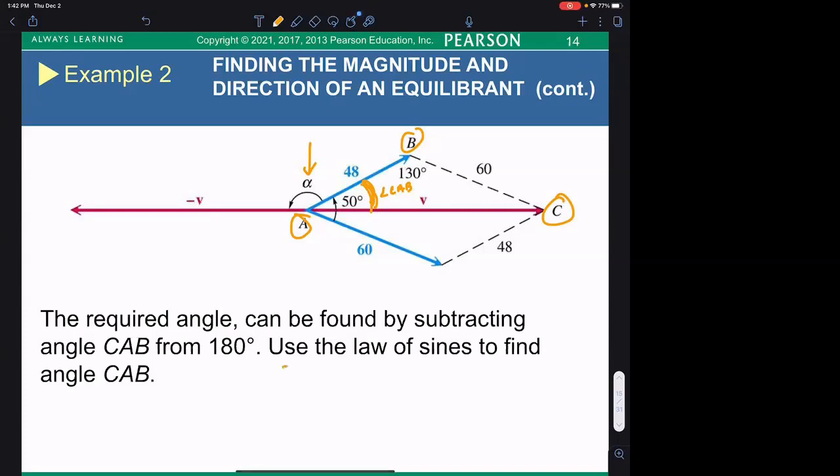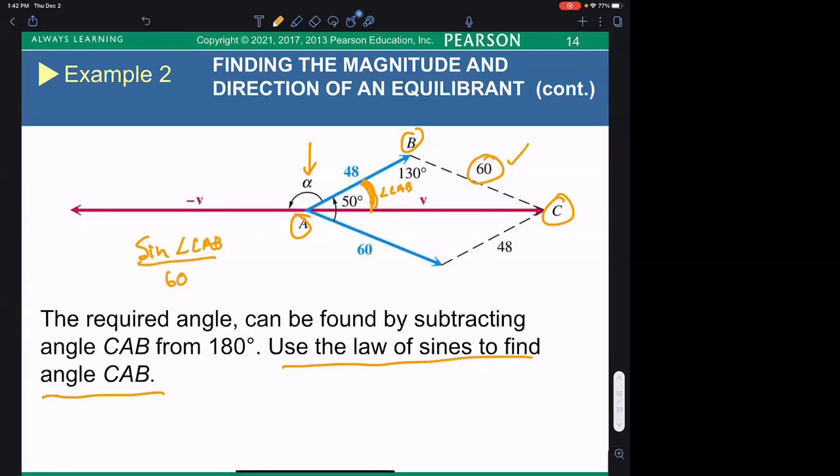And then it says use the law of sines to find this angle that we need, CAB. So to find that angle, we know the opposite side is 60. So we could do that the sine of angle CAB is to 60. That side there is 60.